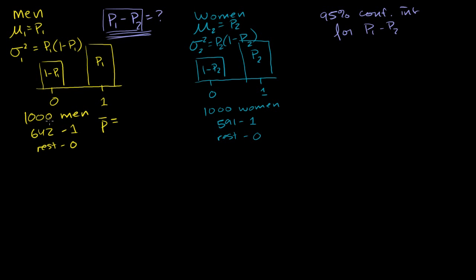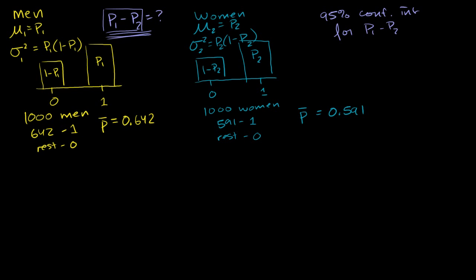We have 1,000 samples. 642 divided by 1,000 is 0.642. So you could view this as a sample mean or as a sample proportion. And if you do the same thing for the women, the sample proportion is going to be 0.591, or you can view this as the sample mean of this sample of 1,000 women, where the ones voting for it are 1, the rest are 0.